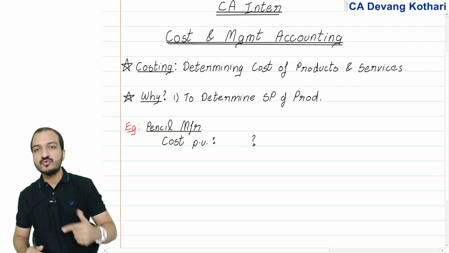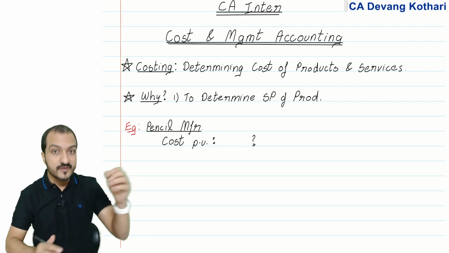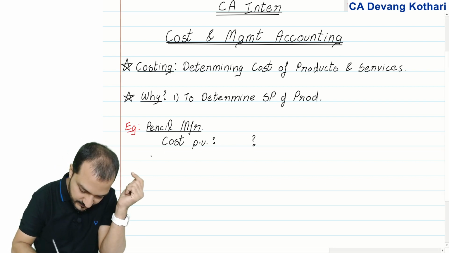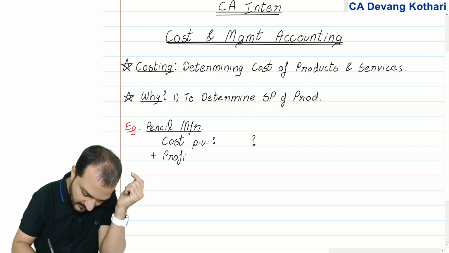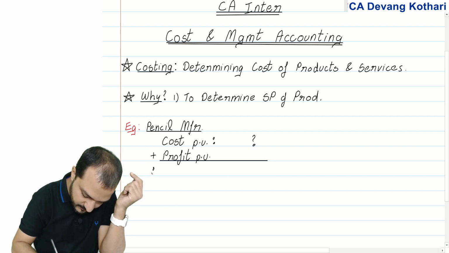Now, why do I wish to identify cost per unit? Well, I want to identify this cost per unit so that on this cost per unit, I can then add some profit per unit and therefore fix a selling price per unit.